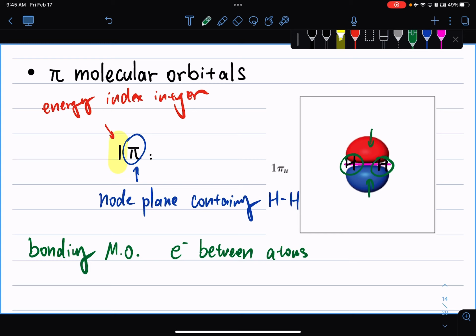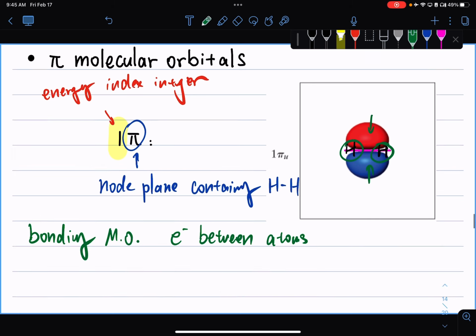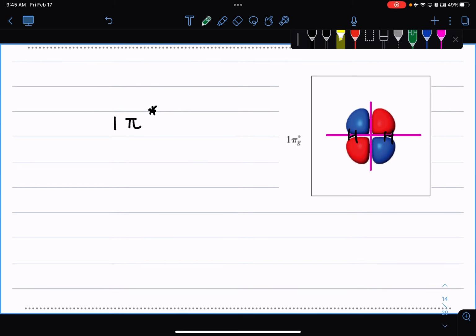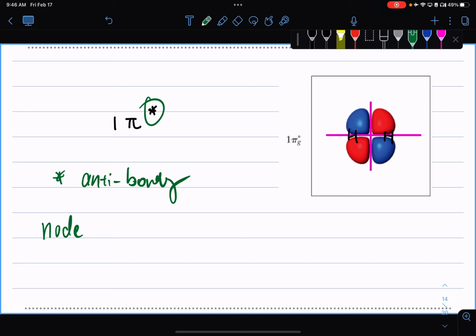Likewise, you could imagine what a pi star anti-bonding molecular orbital looks like. So here, we have the anti-bonding molecular orbital. We have one more node. And we have the node between atoms.